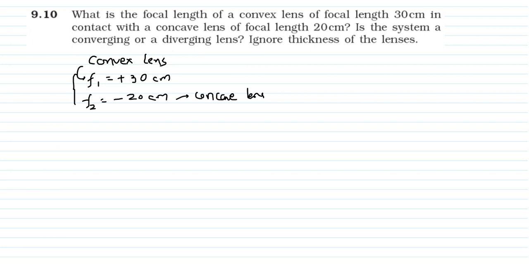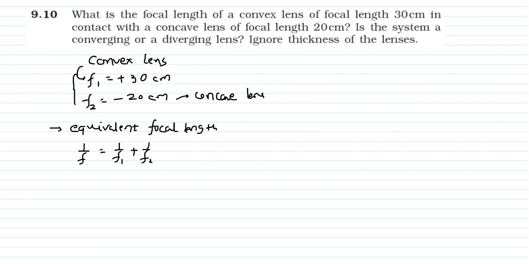Here the equivalent focal length is given by 1 upon f is equal to 1 upon f1 plus 1 upon f2. Here you can also say power P is equal to P1 plus P2.